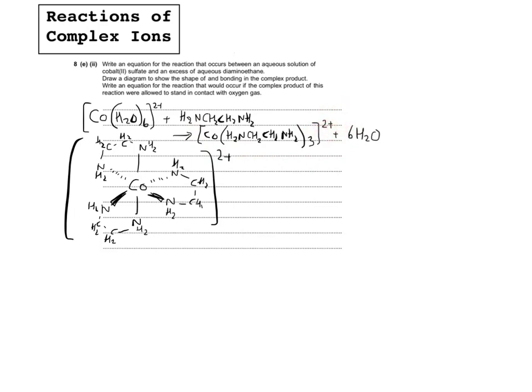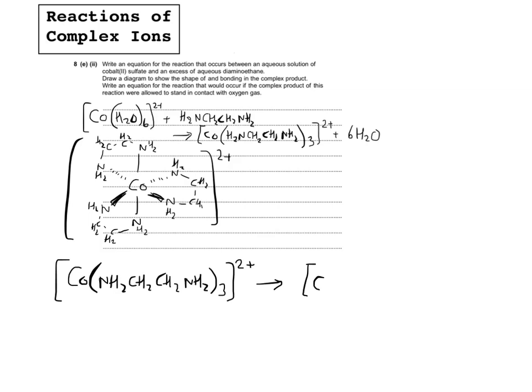So what you're going to get is Co(NH2CH2CH2NH2)3 2+, turning into the same but with the 3+ charge. And you need an electron on the right hand side to balance that.